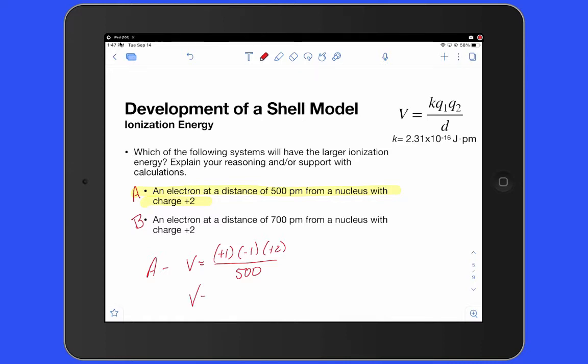V would equal -2 500ths, or -1/250. Somebody get out a calculator and do that math for me, because I can't.